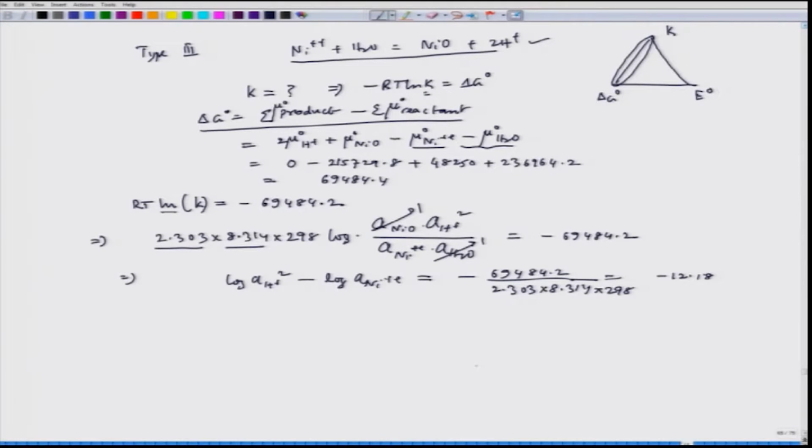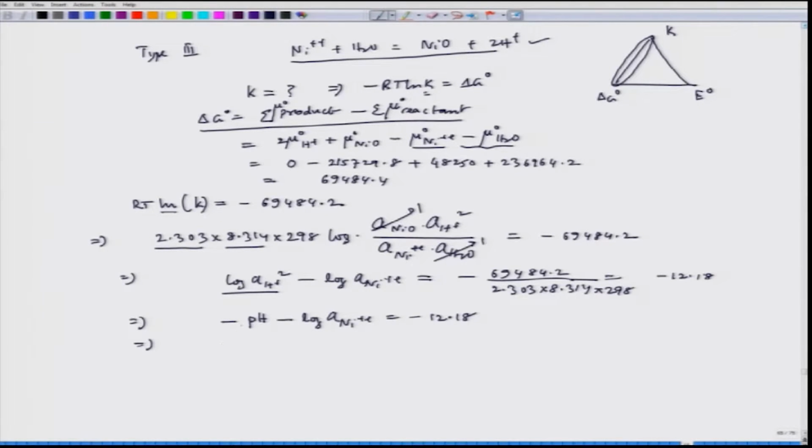Therefore, this is nothing but minus, if I consider activity to be the concentration of H plus ion, considering that the activity coefficient is 1. So, this becomes minus pH minus log of a Ni plus plus equal to minus 12.18.